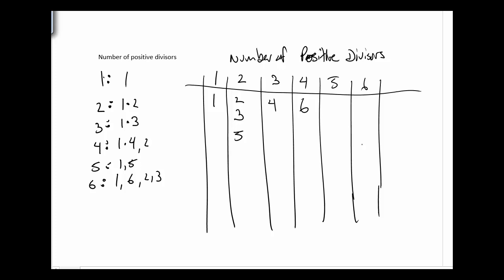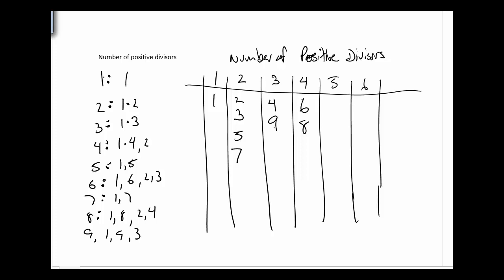Okay. And so if I keep going through this activity of thinking of how many different things there are, 7 would just be 1 and 7, so that would be on the 2 list. 8 would be 1 and 8, 2 and 4, and so it would be under the 4 list. 9 would be 1 and 9, and then 3 times 3, so it would be in the 3 list.